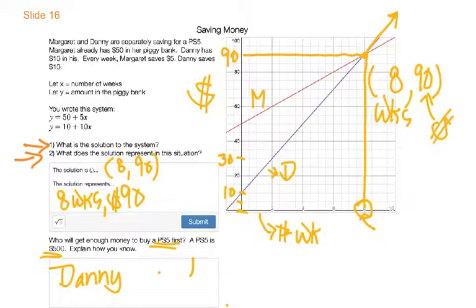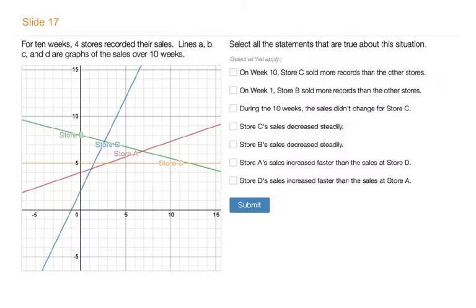So let's go ahead and now look at the final, or these last 2 slides. Slide 17 is having you again read graphs. So we have 4 stores here. We have store A, B, C, and D. And for 10 weeks, 4 stores have recorded their sales.